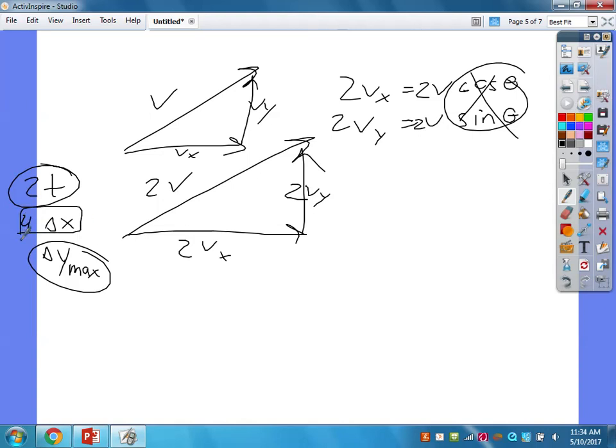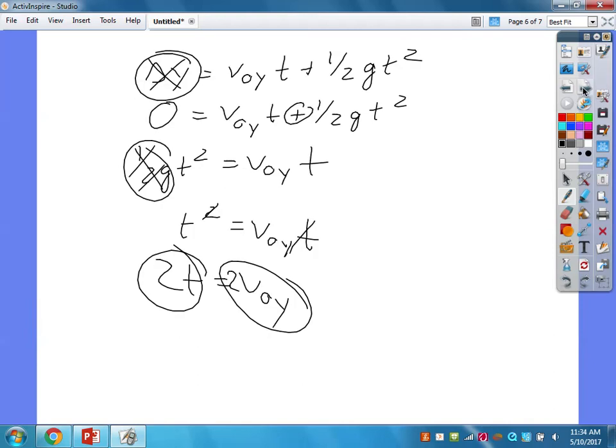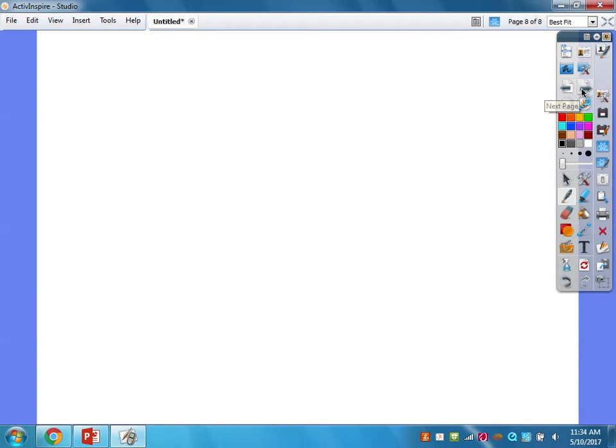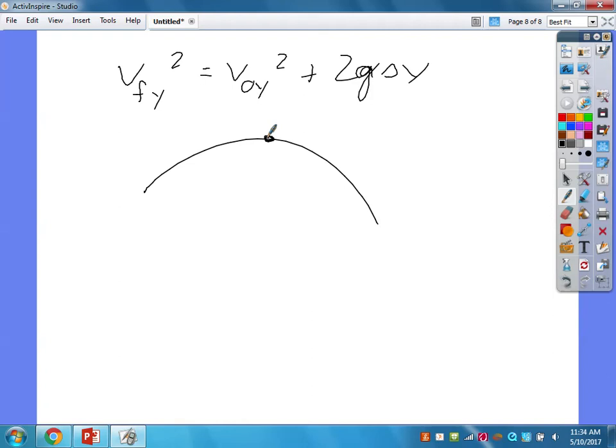What about delta y max? Now this is why I introduced that second formula. I wouldn't deal with time here. I'd go to this formula. Vfy squared equals v naught y squared plus 2a delta y. This is 2g delta y. All right. The thing is, if I'm looking for the maximum height, up at the very top, final y is 0, so this goes away.